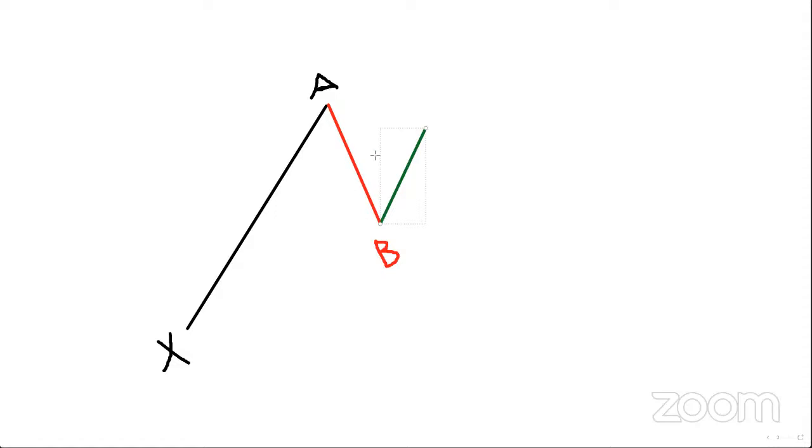So it goes from 38 to 88.6. And this makes C.